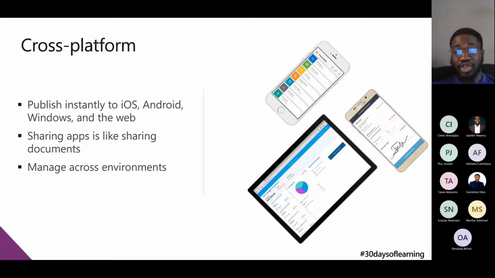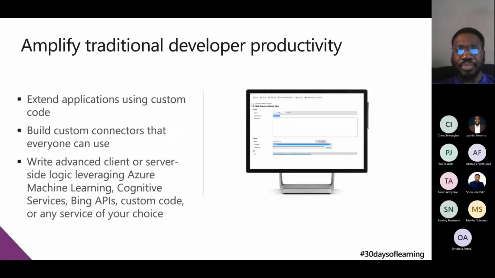Sharing apps is like sharing document. I made mention of that earlier. And then also you can manage environments as well. You can also amplify traditional developer productivity, which means we've made mention of this earlier, talking about the traditional developer, the custom developer, the core developer, the C# guru, the Python guru, the HTML guru, and all.